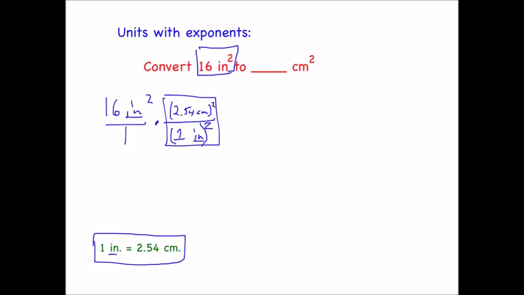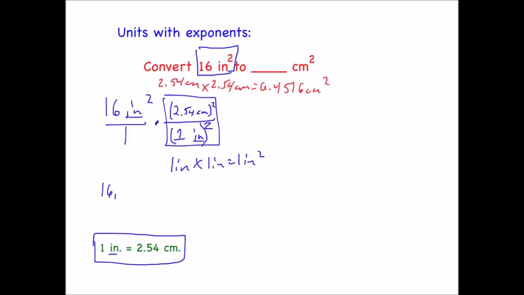And then we just do some math individually here. We know that 1 inch times 1 inch equals 1 inch squared. And then we come up here on top and we say 2.54 centimeters times 2.54 centimeters equals 6.4516 centimeters squared. Okay, so now we could rewrite this problem.